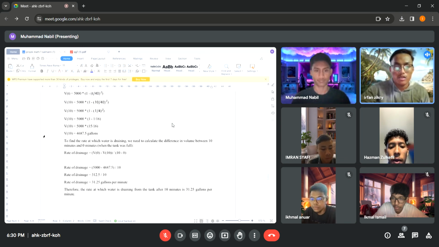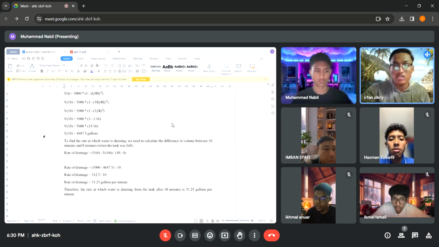So the rate of drainage is the difference in volume over time: volume at 0 minutes minus volume after 10 minutes, over 10 minus 0. From the equation, the rate of drainage is 31.25 gallons per minute. Therefore, the rate at which water is draining from the tank after 10 minutes is 31.25 gallons per minute.